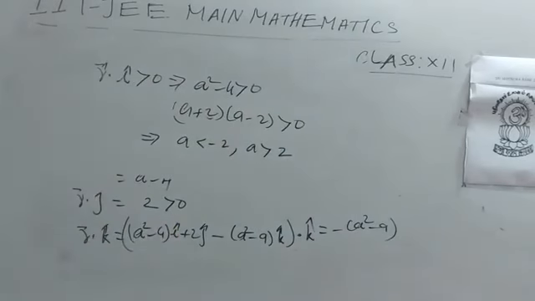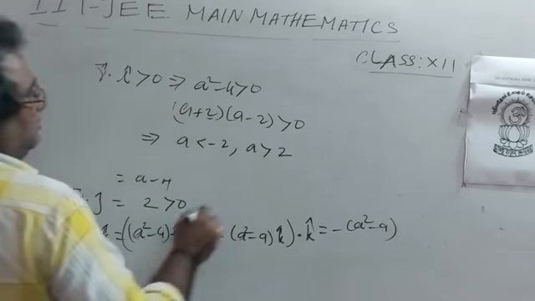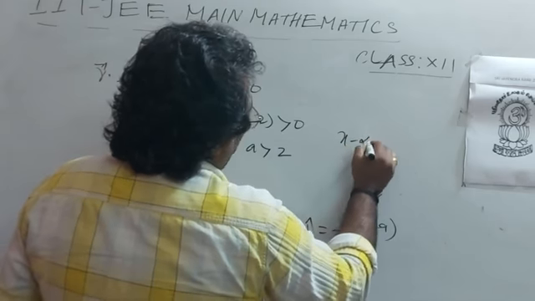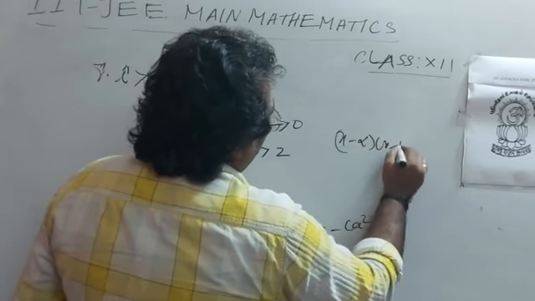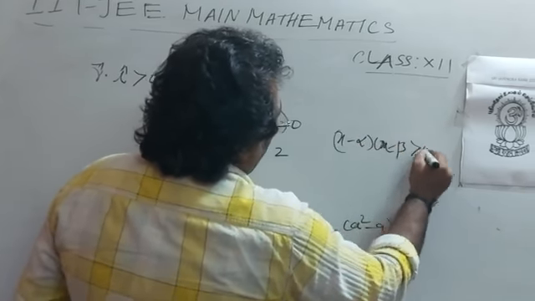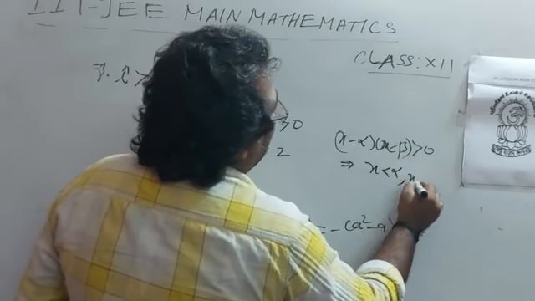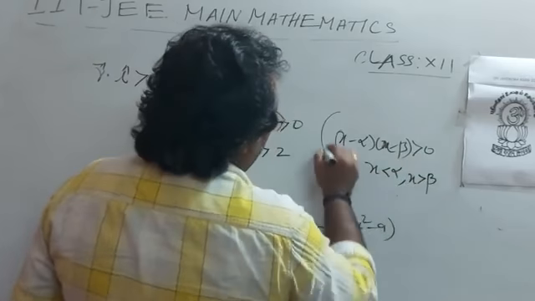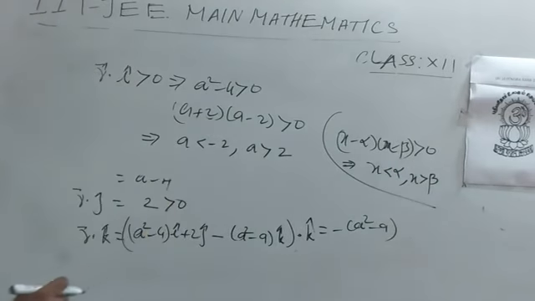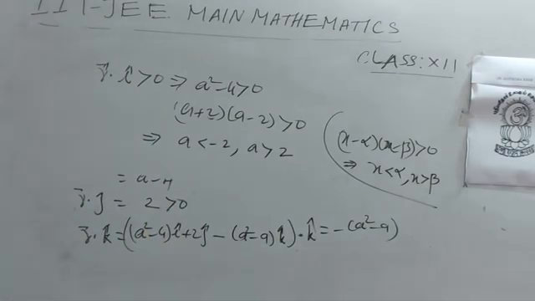Inequality what you have studied: x minus alpha into x minus beta greater than 0 implies x is less than alpha, x is greater than beta. Using this, a is less than minus 2 and a is greater than 2.